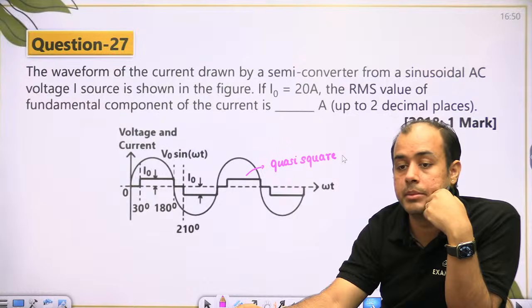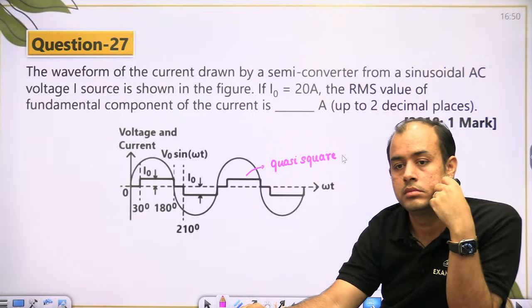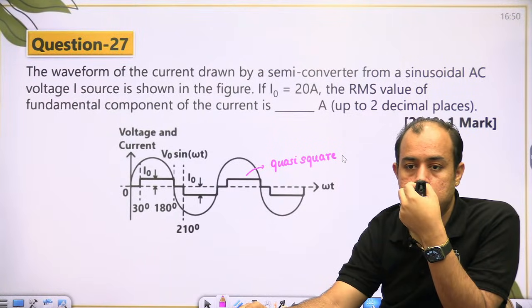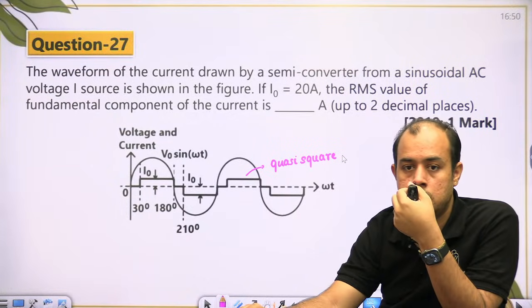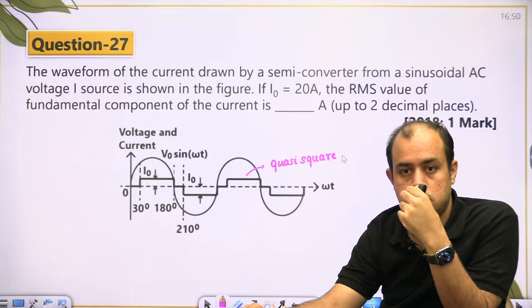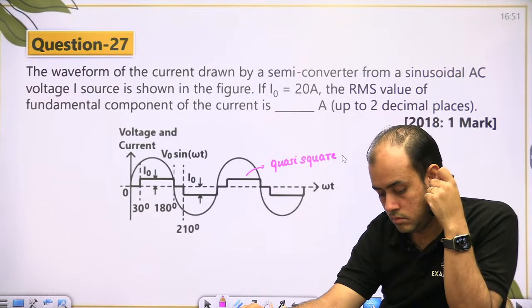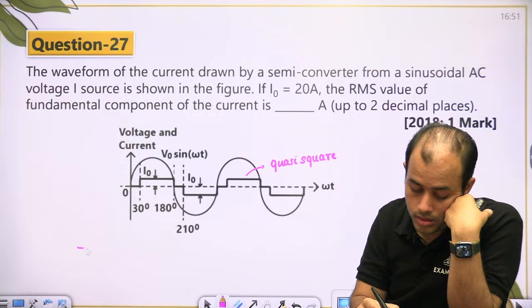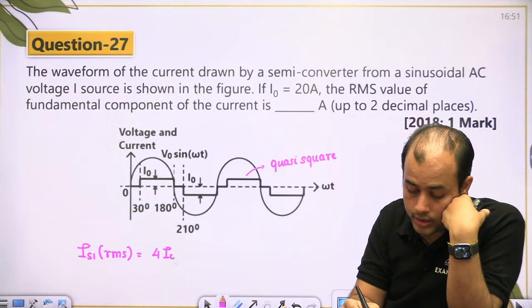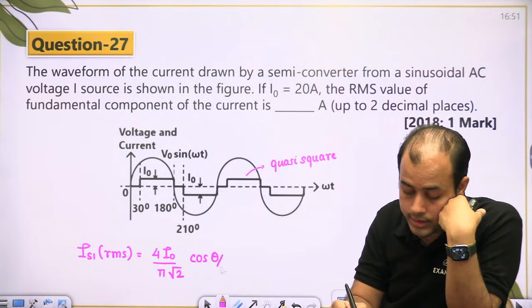I need fundamental RMS current. तो बेटा फंडामेंटल RMS is 4I0/pi divide by √2 cos θ/2.